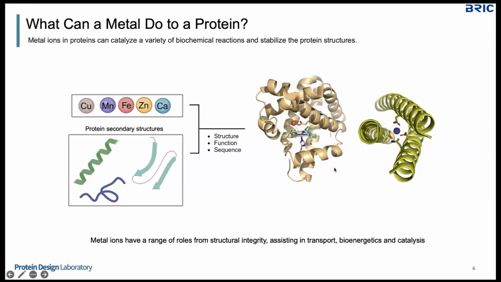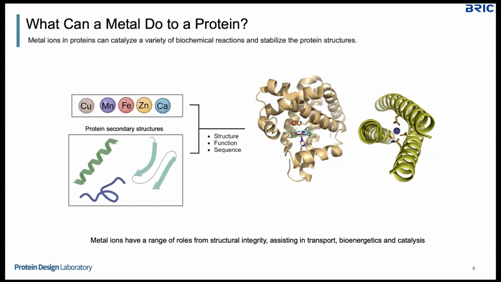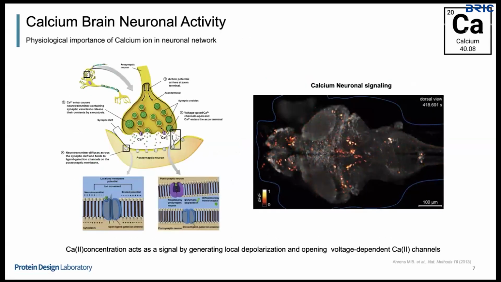That fold will give it a new function. So the metal will assist this protein into a new activity, or it can be used as a catalyst for that matter. Now, the metal I used for my work was calcium, from the title.